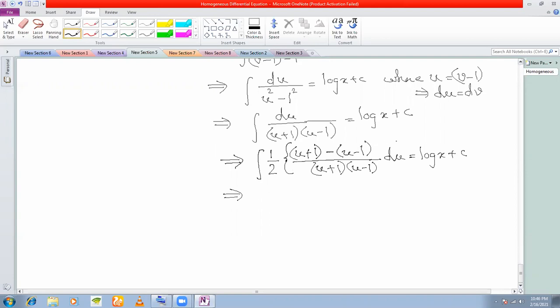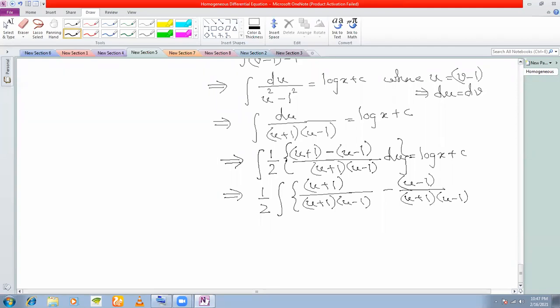Tell me whether you are following this or not. Now you can take half out. Now you separate: u plus 1 divided by u plus 1 into u minus 1, minus u minus 1 by u plus 1 into u minus 1, du, is equal to log x plus c.